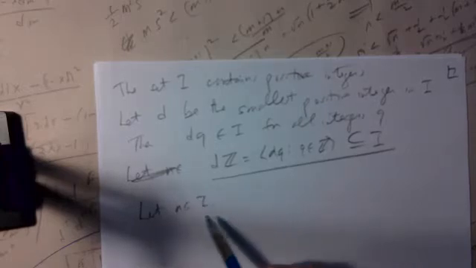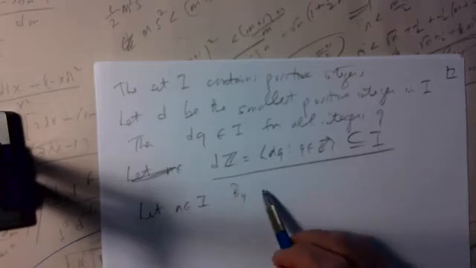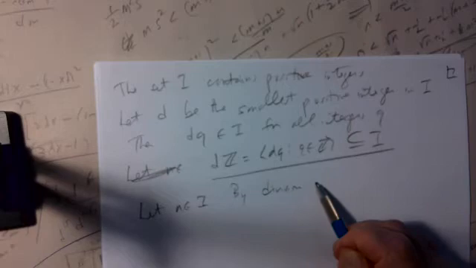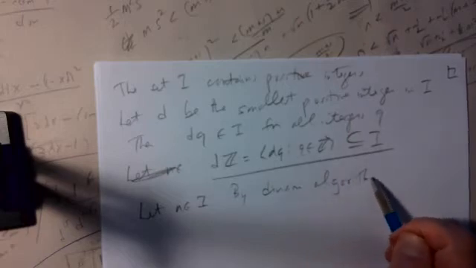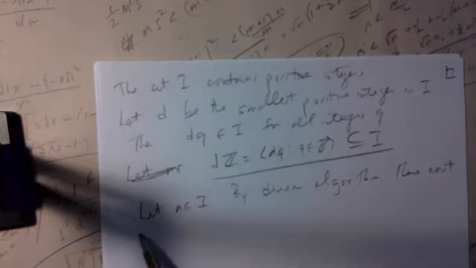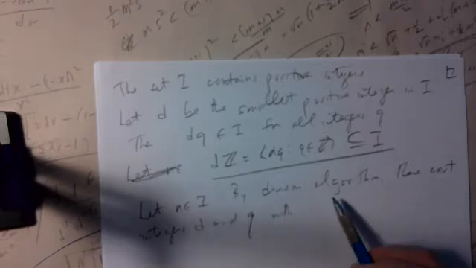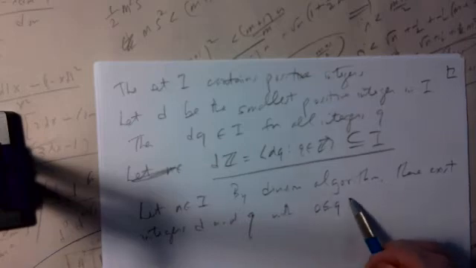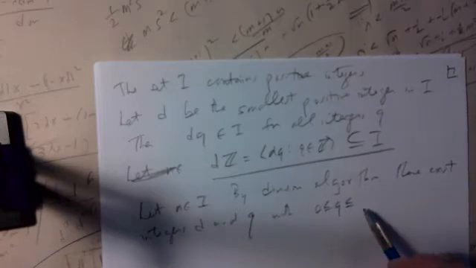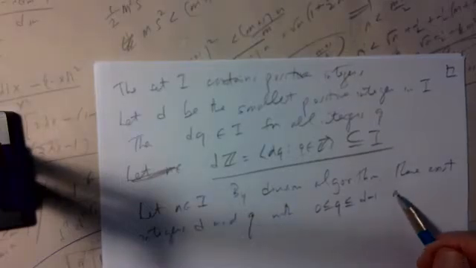Let N be in I. Take any integer in I. By the division algorithm, there exist integers Q and R with R strictly less than D. So R is a non-negative integer, greater than or equal to 0, and at most D minus 1.